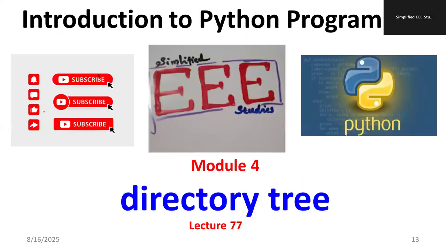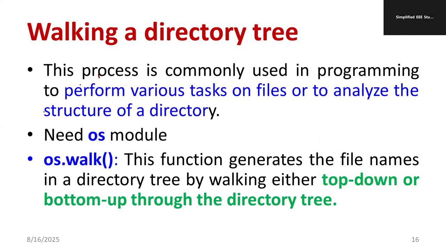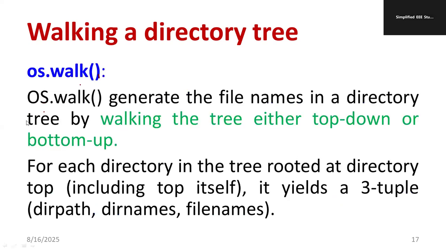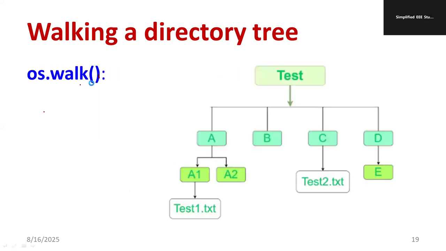Apart from that, I discussed a brief idea about the directory tree, the three important components of a directory tree, and how you represent the root directory in Linux as well as Windows. Also, I discussed one of the important functions, os.walk. I already talked about the OS module and did not explain more about it, since it's available in my previous video. I also discussed the role of the os.walk function.